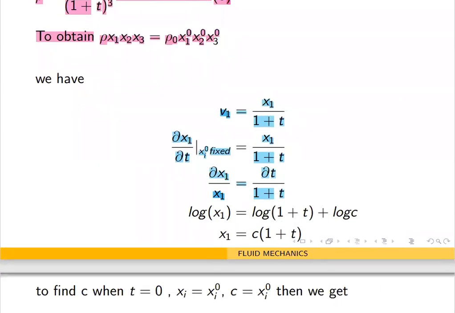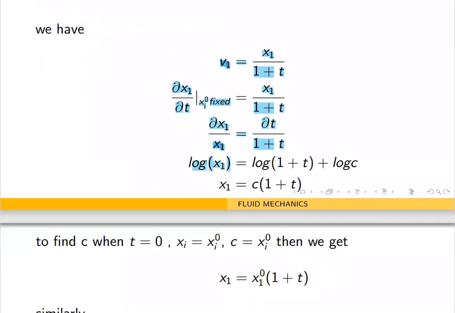Now integrating. So log x1 equal to log of 1 plus t. And here also we'll take the constant as log c. So now eliminating log, we get x1 equal to c into 1 plus t. Now how do you find this c? Using the initial conditions. What are the initial conditions? When t equal to t0, xi equal to xi naught. Substitute now, t is 0, xi is xi naught.